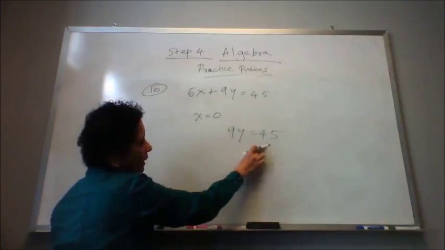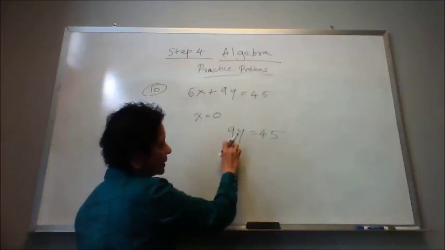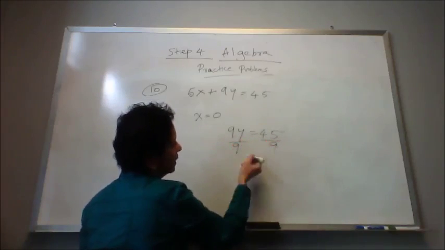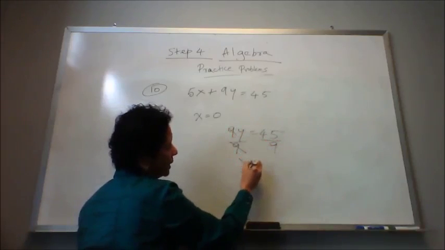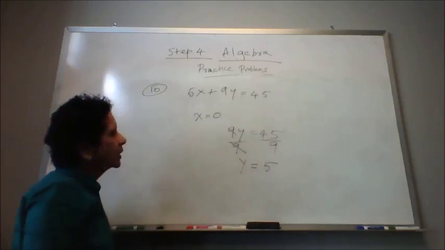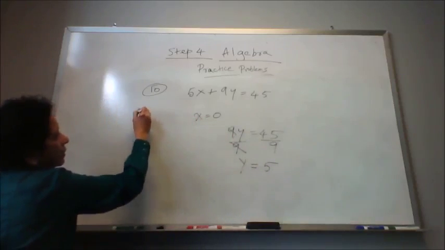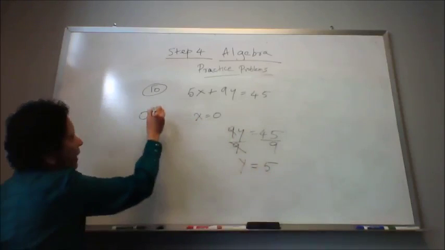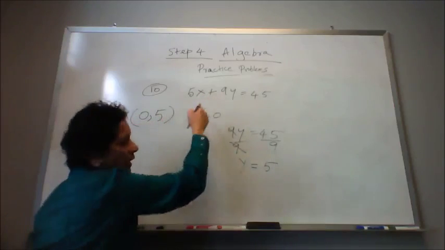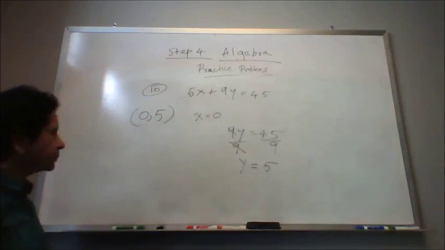So 9y equals 45. Now I don't like this 9, I need to get rid of it, so I divide both sides by 9. Now it's y, and 45 over 9, do it in the calculator, y equals 5. So what this tells me is that when x is 0, y equals 5, so the ordered pair (0, 5) lies on this line. Okay, so I got 1 point on the line.